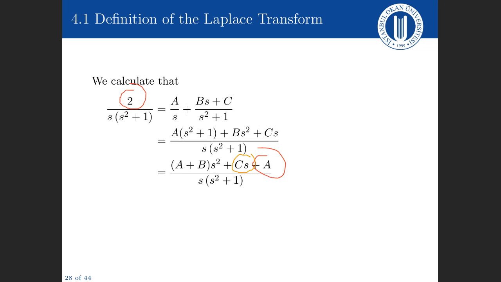There's a cs on the right, and over here on the left, there's a 0s. So c must be 0. On the right-hand side, we have a plus b times s squared, and on the left side, we have 0 s squared. So a plus b must be 0. We can say that a must be 2, b must be minus 2, and c must be 0.